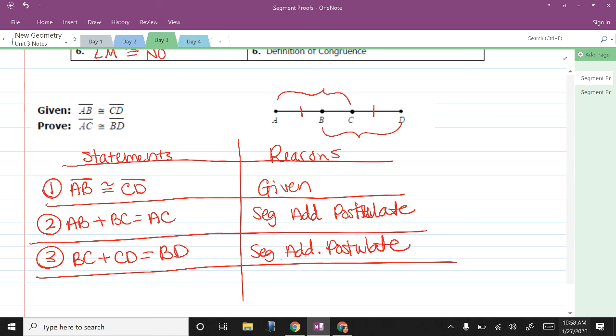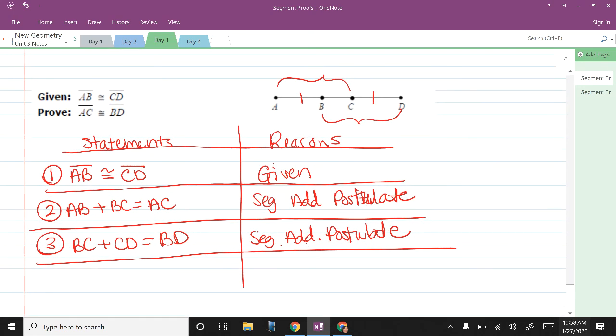Okay, now, you know how I said that I can replace two things that are congruent, right? So right here where this CD is, can I replace it with AB? Right?